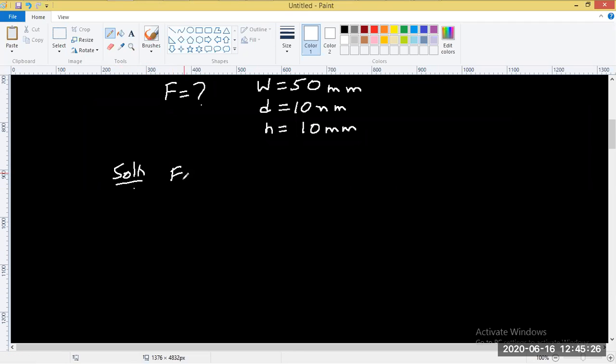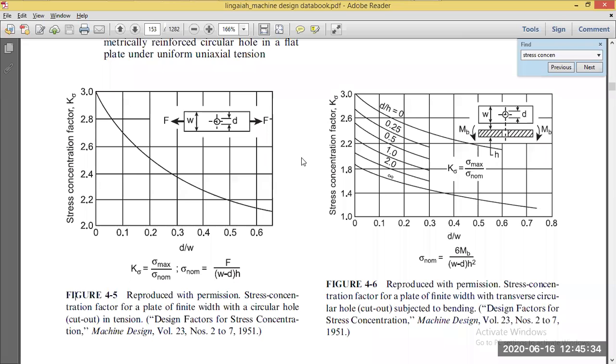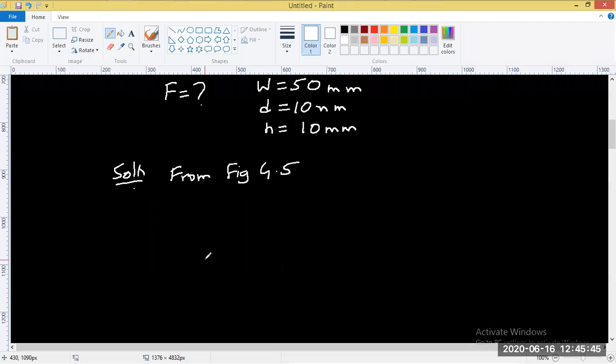Solution from figure 4.5. This is from the data handbook. From the data handbook, I've extracted these values, and the formula is also given. See, K sigma, the stress concentration factor, is equal to sigma max by sigma nominal.